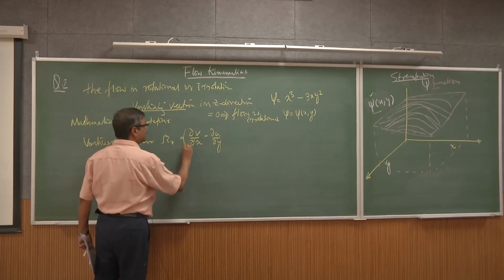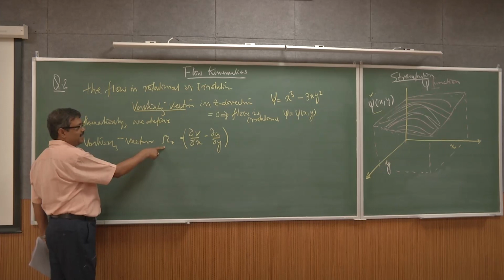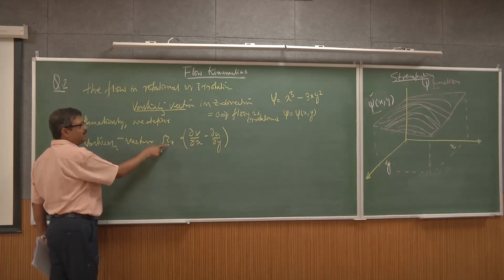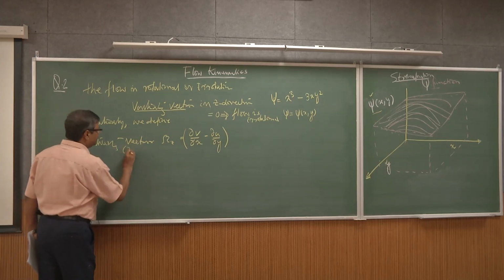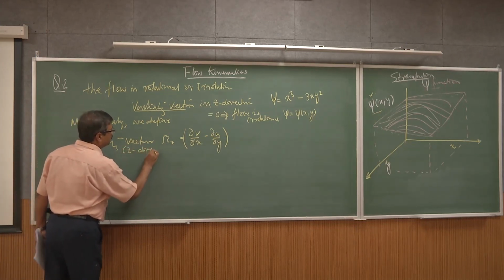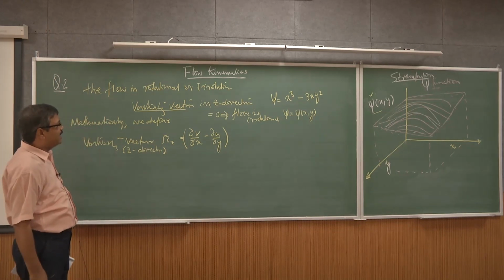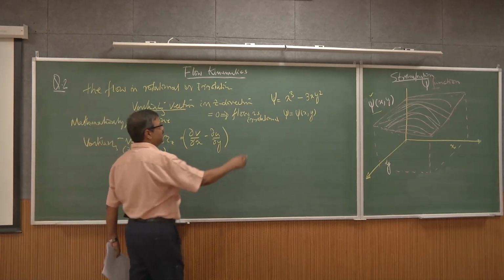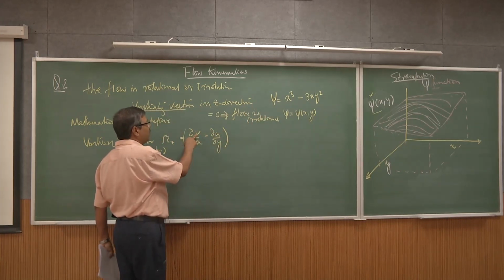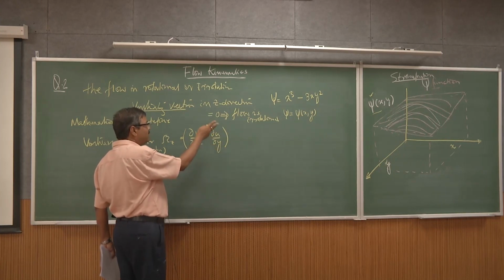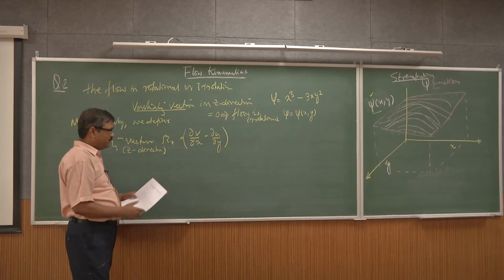This is the vorticity component in the z direction. So, we are just looking at the z direction vorticity component. Now, the problem is very simple: we will take the partial derivatives of the stream function to compute what v and u are.